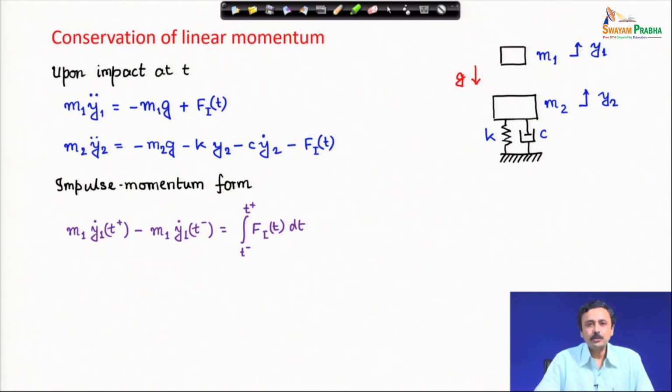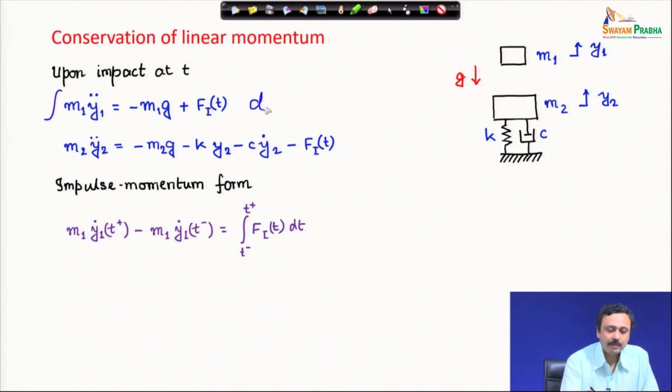Now, let us try to look at the impulse momentum form for the very short duration, which is the time of impact, t. If t plus means just after impact and t minus is just before impact, then for the first mass I can integrate this full equation over time.